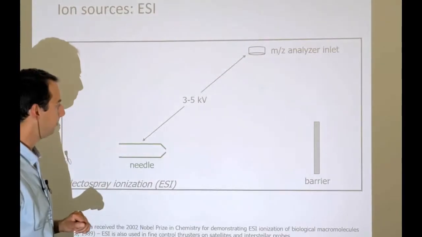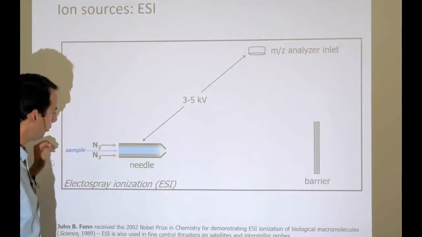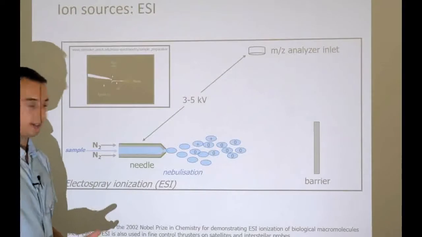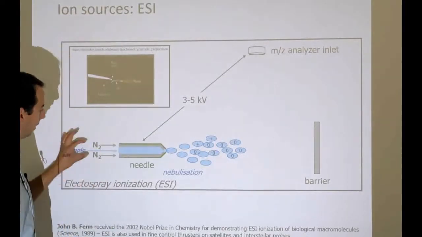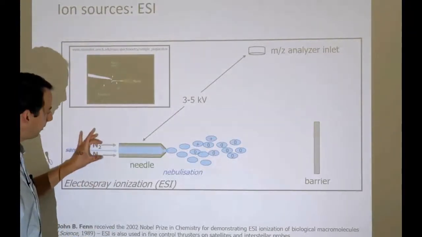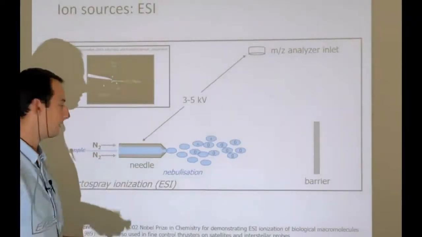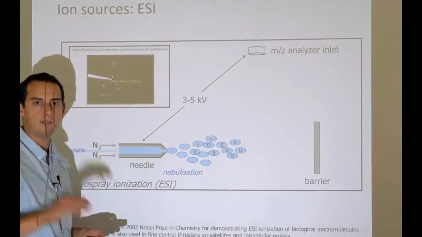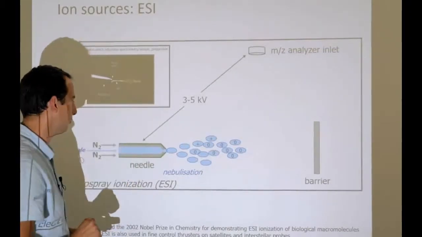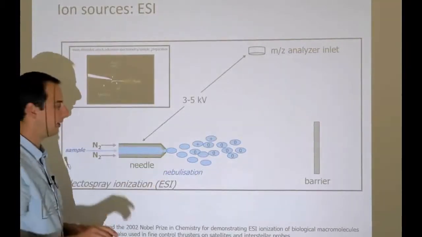So what's going to happen now is that we're going to push our sample through, which is in the liquid state, through this needle. Now, if you have a very advanced setup, this might contain a buffering flow of nitrogen to make sure there is no turbulence inside this needle and that everything maintains a homogeneous flow. That's pretty sophisticated and it's a detail.